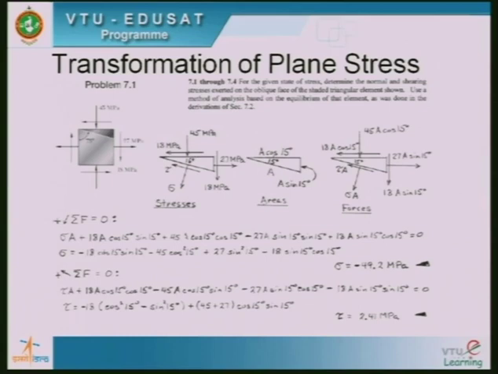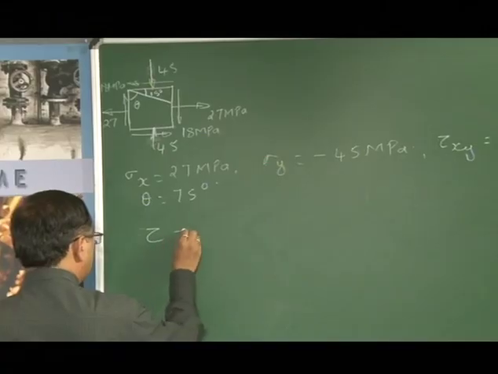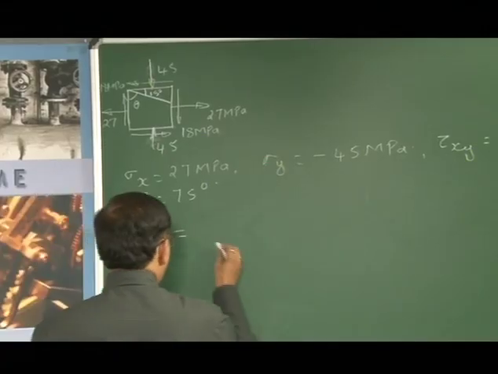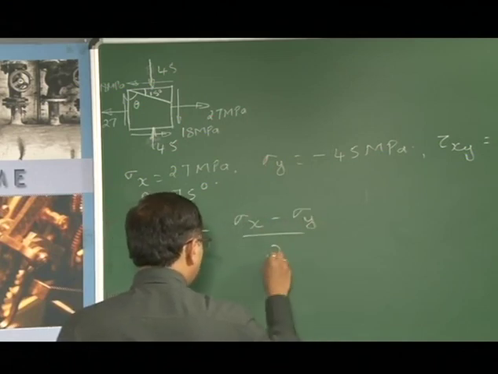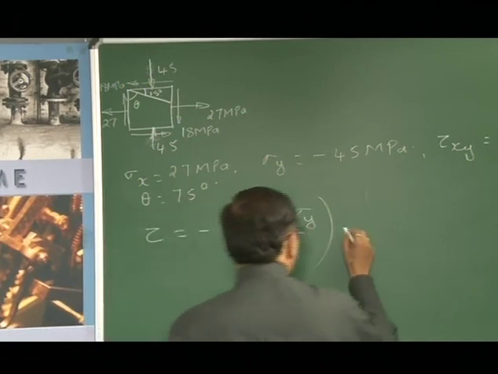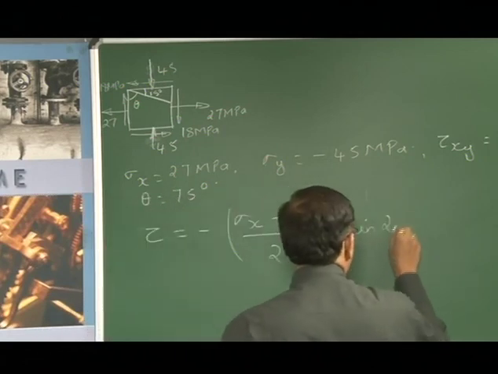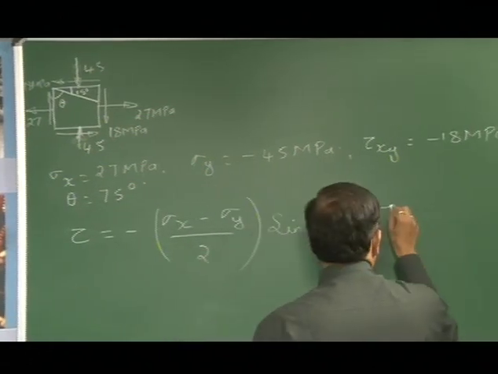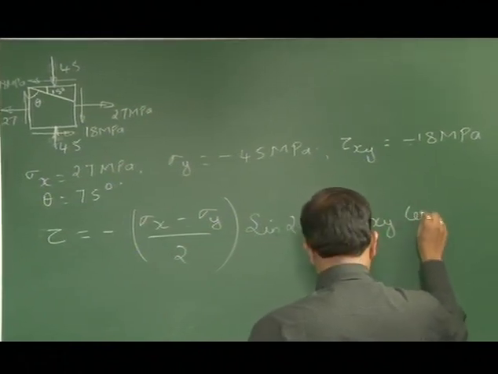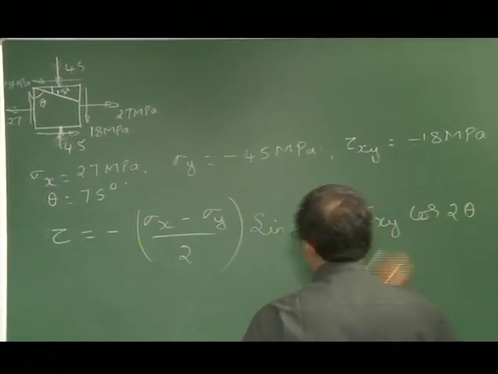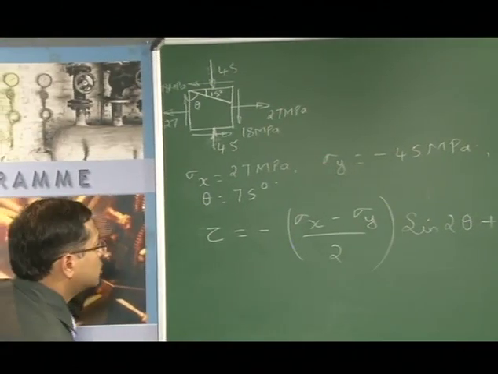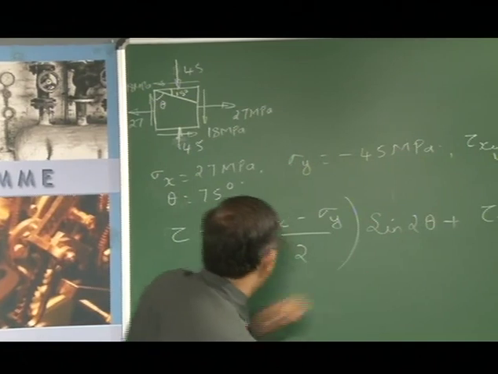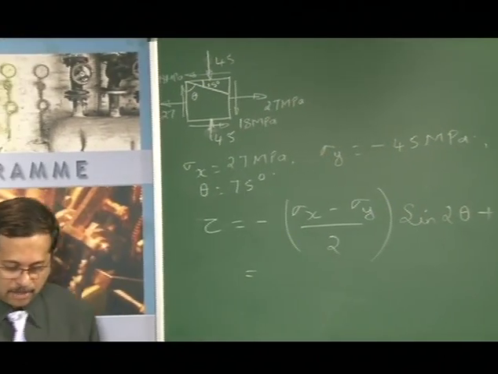What we had derived earlier for the shearing stress is tau equals minus (sigma x minus sigma y) by 2 into sin 2 theta plus tau xy cos 2 theta. This is the equation that we have for the shearing stress. So let us substitute these values here and see whether we get the same answer or not.